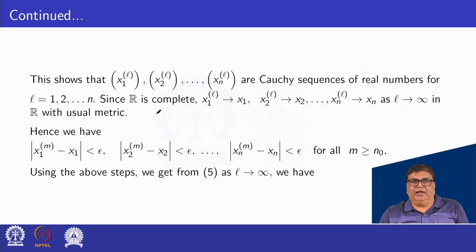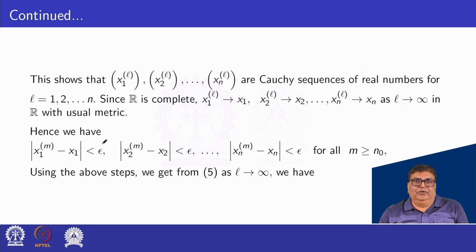And we know that R is complete. It means each sequence converges to a point of R. Suppose xl1 converges to the point x1, xl2 converges to the point x2, and so on, xln converges to the point xn as l tends to infinity in R with the usual metric.